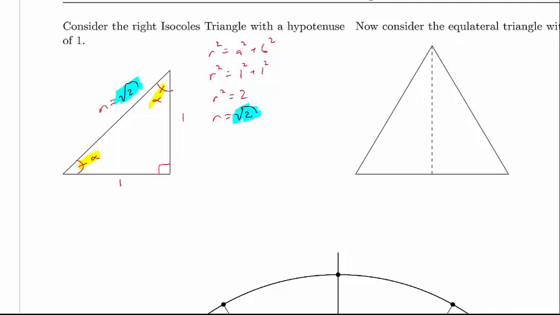We don't have all the information we're looking for, though. Let's go ahead and figure out what these angles are, these alpha angles. The sum of the angles of any triangle is going to be 180 degrees. That's pi radians, right? So 180 degrees is the same as pi radians.